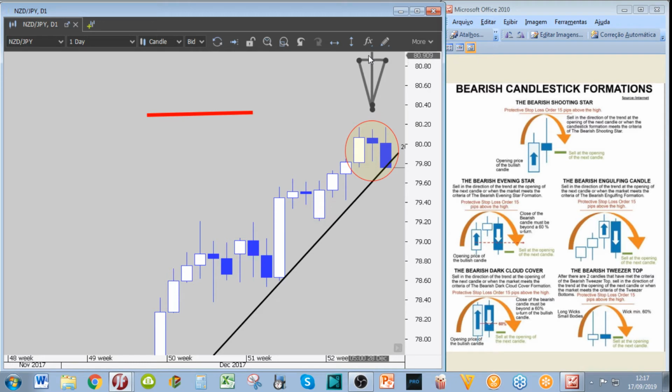The other is the live market. For the bearish evening star, we need a white candle moving up, a candle with a small body, we have it, and then a blue candle, a bearish candle pushing down. And it says yes.